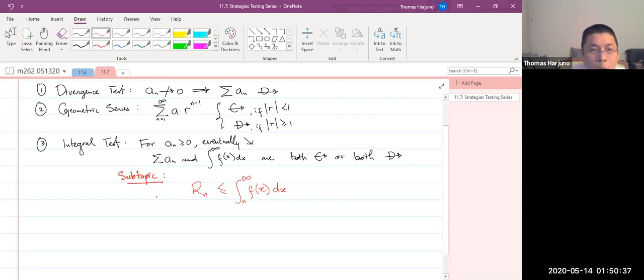Okay, we define the infinite sum to be the nth partial sum plus the remaining part. That's the definition. So the error, the one that we didn't add, can be squeezed down by that integral.